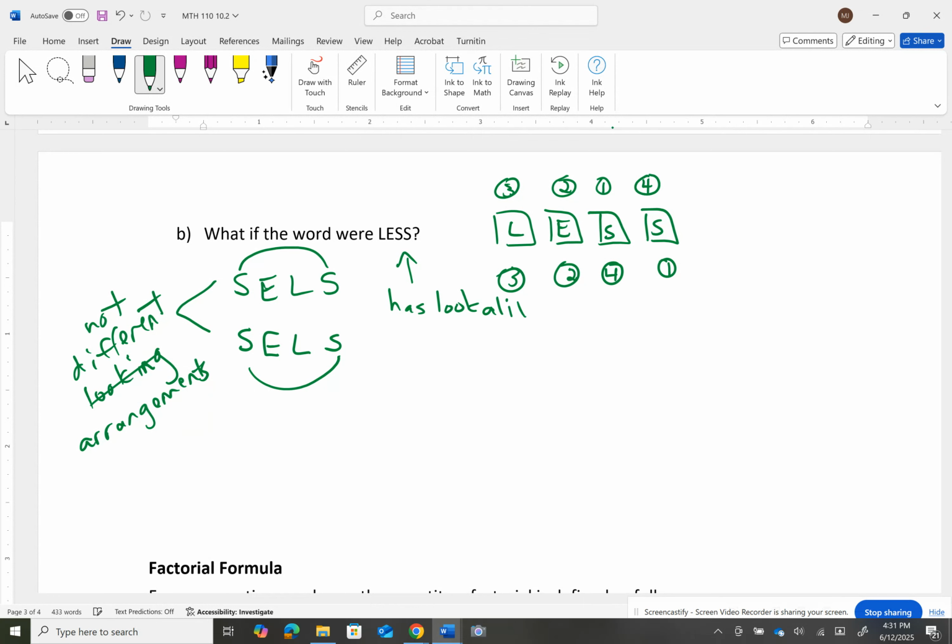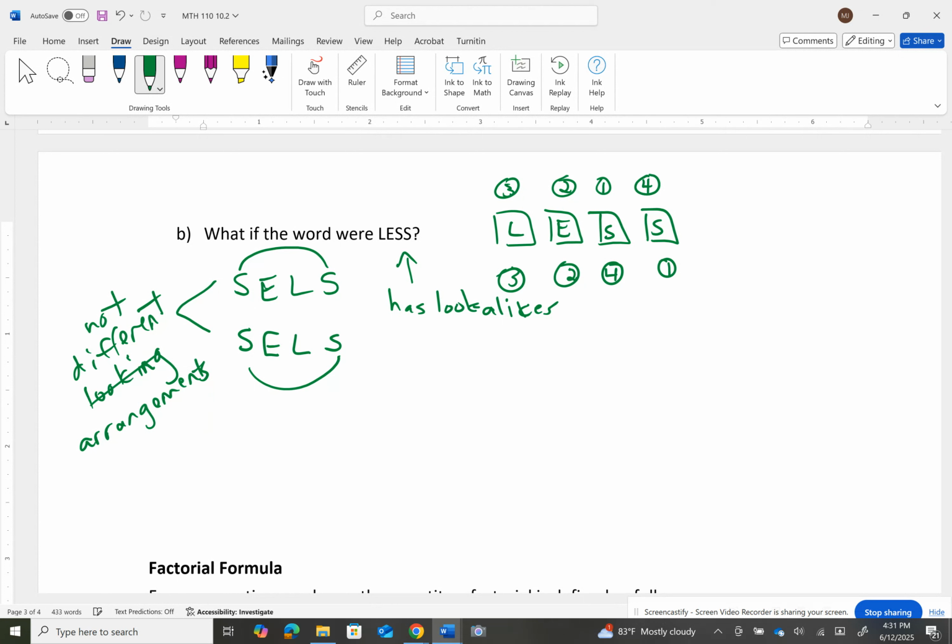So we have to find out what to do when you're trying to create arrangements, you know, use all four letters to create distinct arrangements. You have to watch it if you have a letter that's been repeated like that, okay? So I want us to look at that situation, okay?